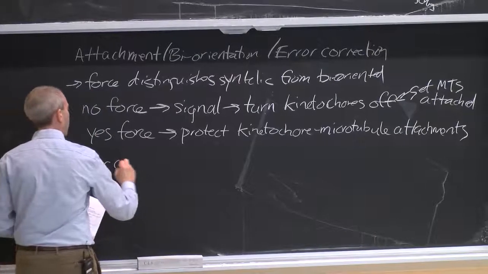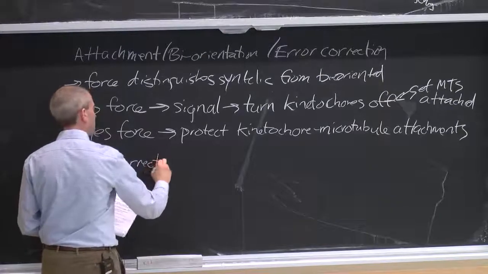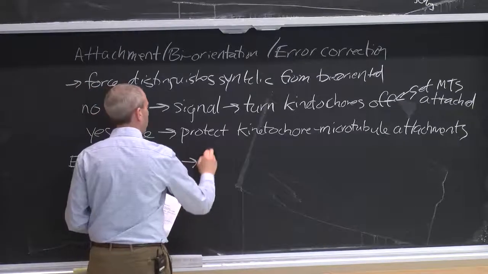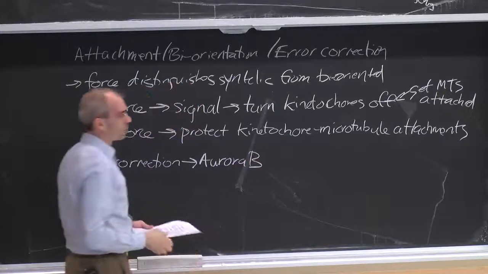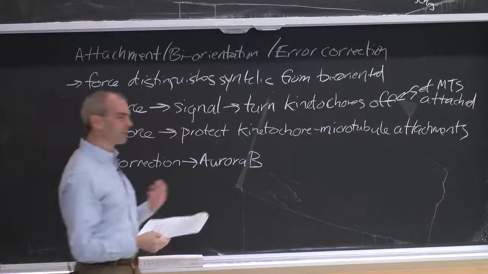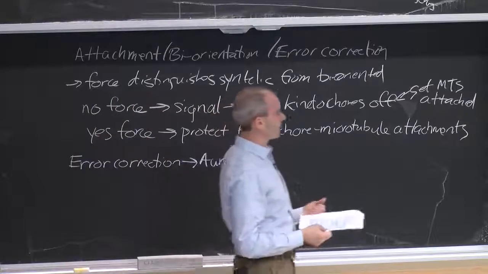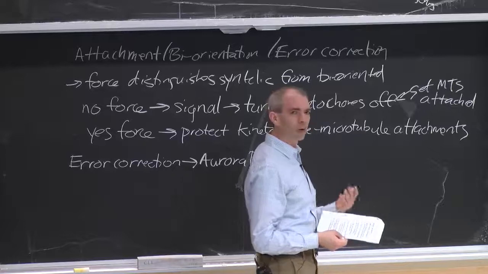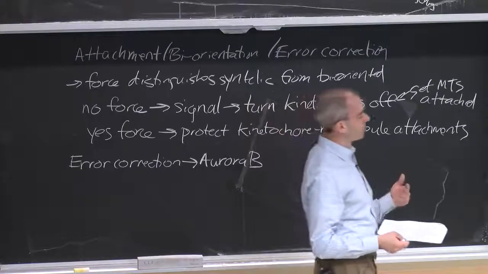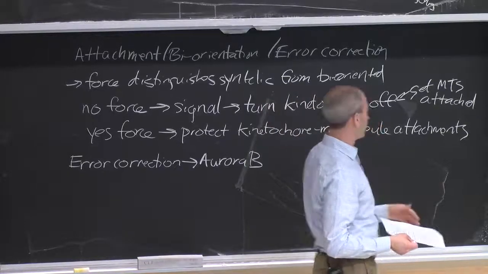And there's a key player that's an important part of this, which is a kinase called Aurora B. And Aurora B is going to be able to read out this force. And it's still slightly controversial how you do that, but I think that there's so much force that it can actually really deform parts of the kinetochore and inactivate the ability of Aurora B to phosphorylate its substrates.